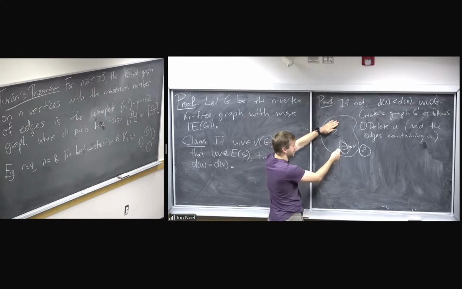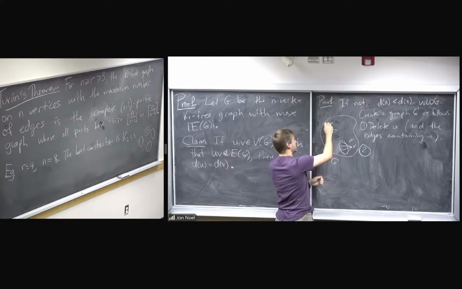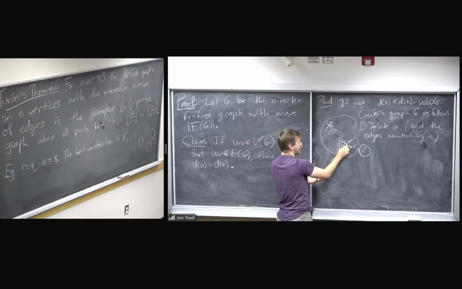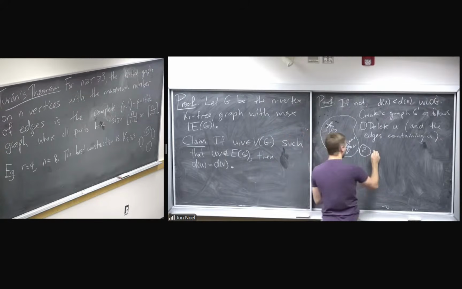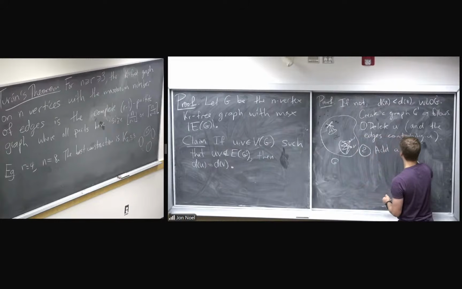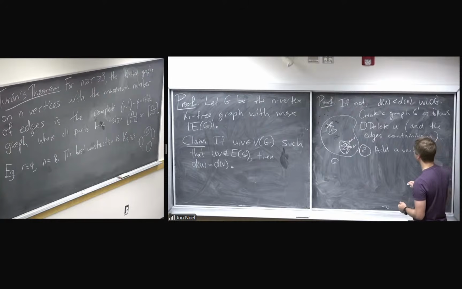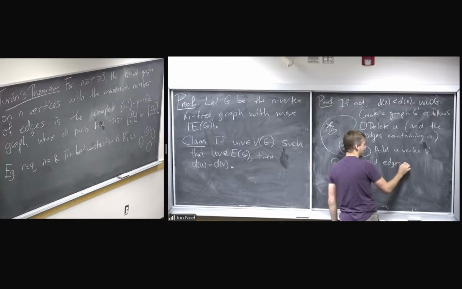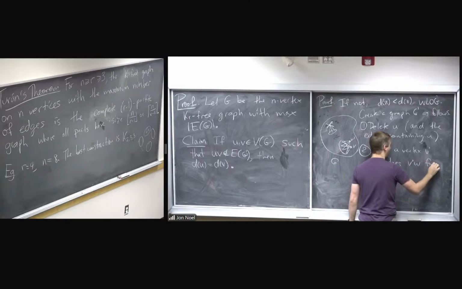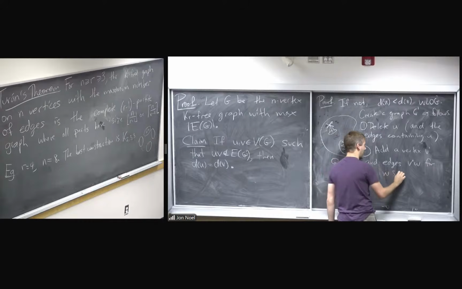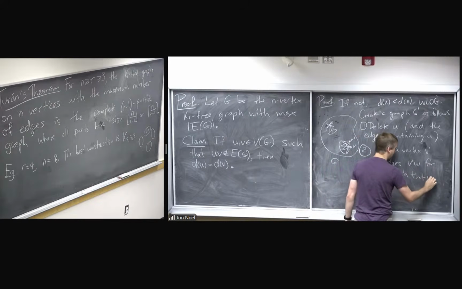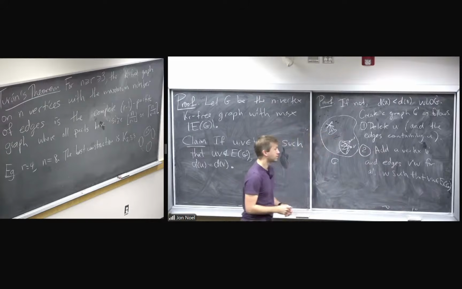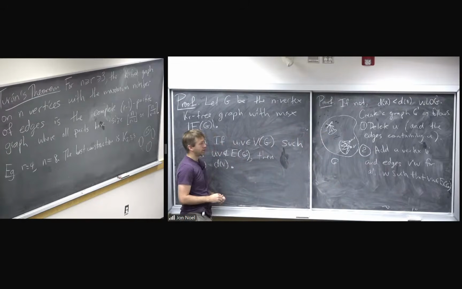I'm just going to make another vertex V prime and make it adjacent to everything that V is adjacent to. So add a vertex V prime and edges V prime W for all W such that VW is an edge of the original graph.